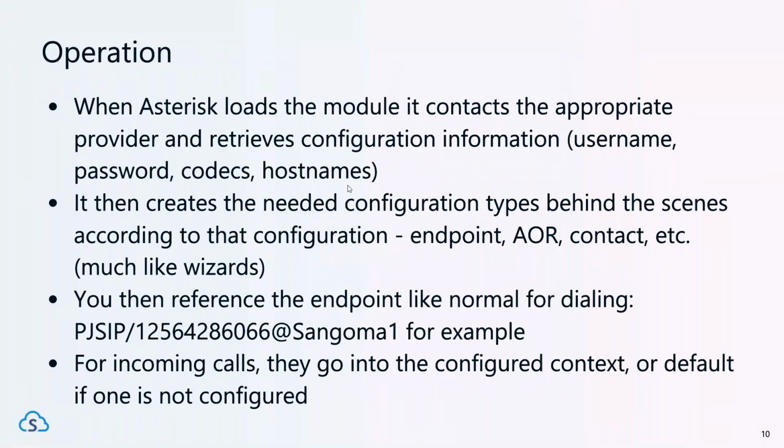And then for incoming calls, they go into the configured context or default if one is not configured. From a security perspective, I always suggest not using the default context. Always explicitly configure a context for your inbound calls and ensure that that context doesn't have access to sensitive stuff like outbound dialing.